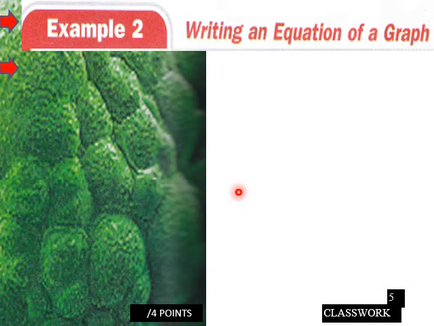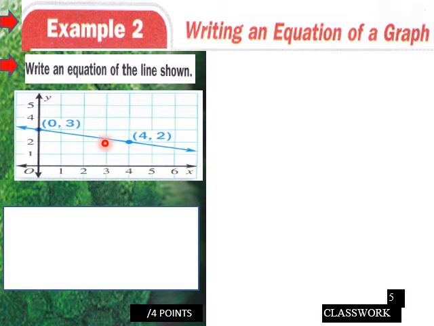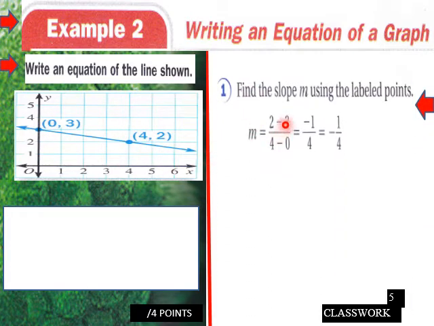Okay, into our next example 2, write an equation of a line. We have a graph here. Here's our line. We have 2 points here. You've got your ordered pair here. What else do you need? Find the slope m using the labeled points. So we've got to figure slope. What's the slope of this line? So we use our slope formula.